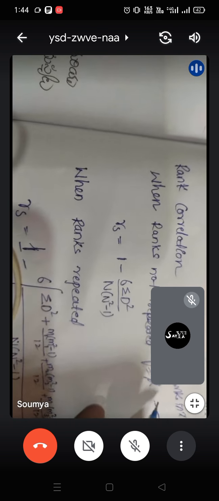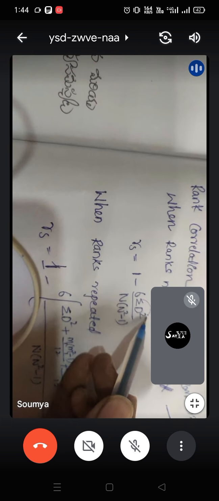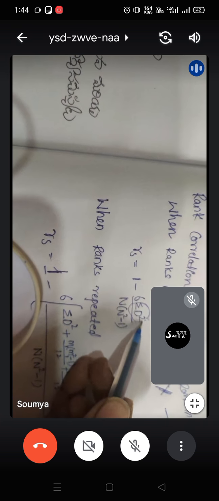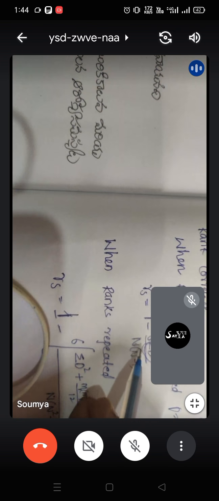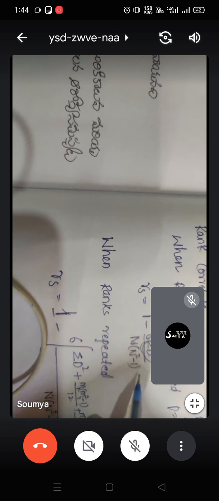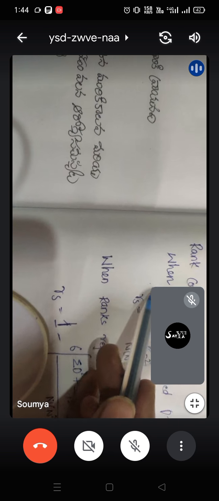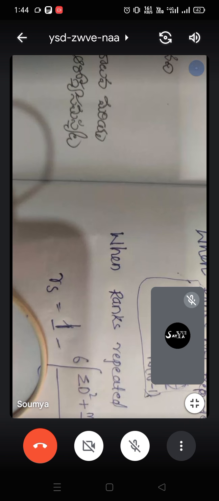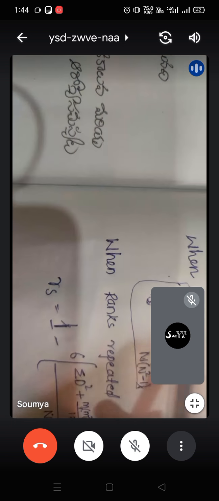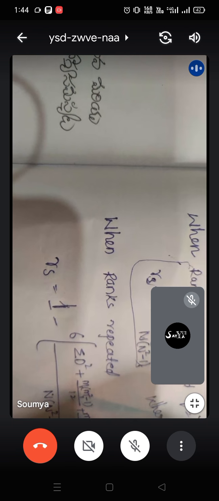So after taking the deviation, you have to take the square of the deviation and add all these d squares. You will get this value, and n is the number of observations. Substitute the values and you will get the result. This is the rank correlation when ranks are not repeated.